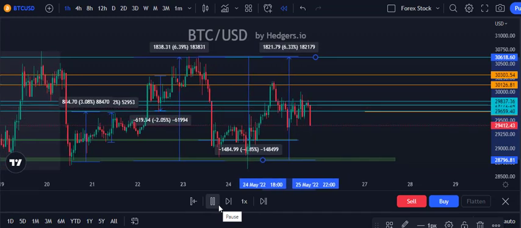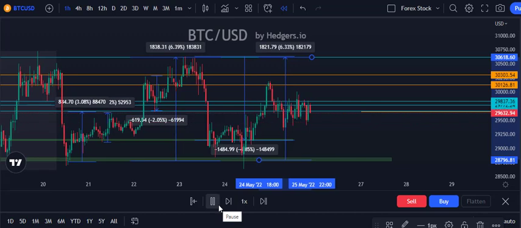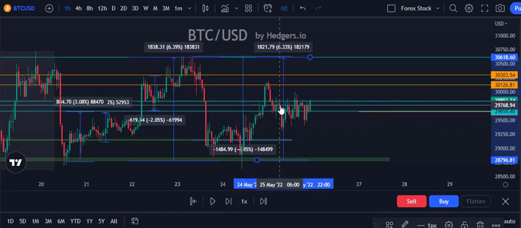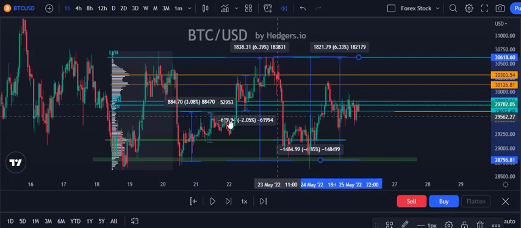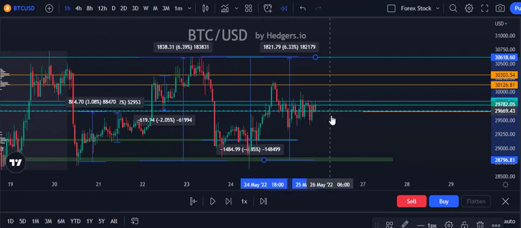Okay, you see it's rejecting, so it's a dangerous area to trade, you will be chopped out. So basically, if you are longing here, you will be taking profit TP1 here, and you're going to close your trade at the low profit, because it's rejecting from the low volume nodes here.